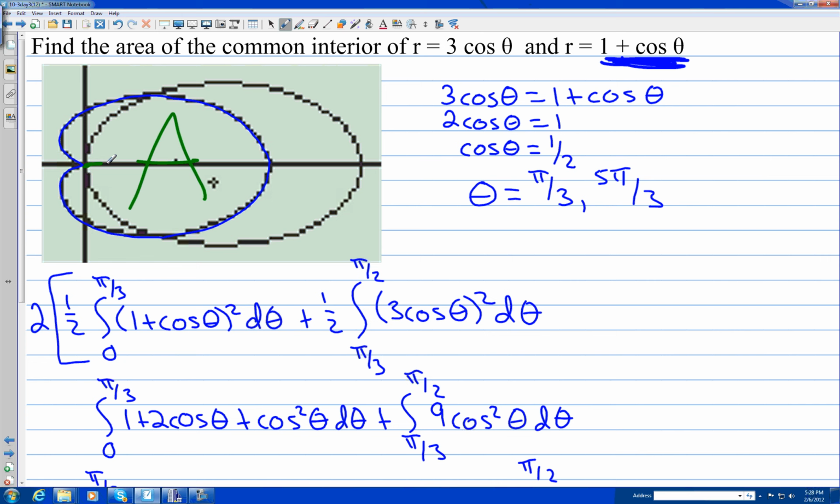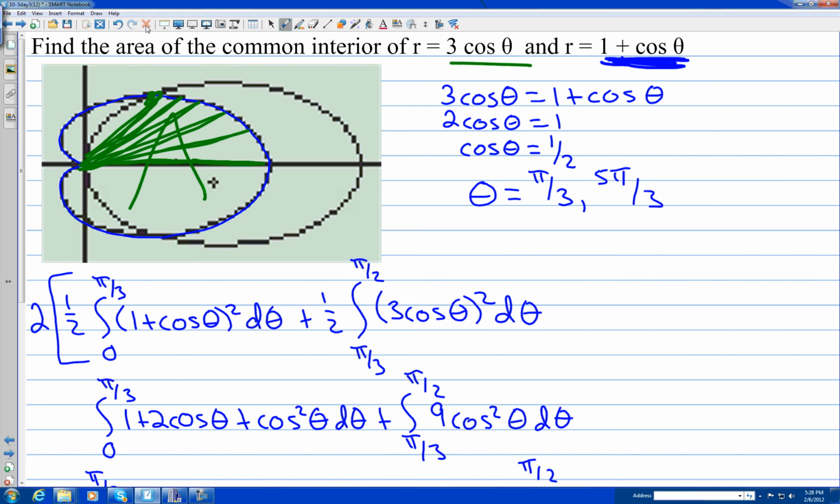Now, we're going to start with our magic windshield wiper on the 1 plus cosine of theta, and we're going to work our way around. And here goes the angle. We're going to keep working our way around until we get to this intersection point. It's not going to follow the blue curve anymore. It's going to start following the black curve, which is the 3 cosine theta.